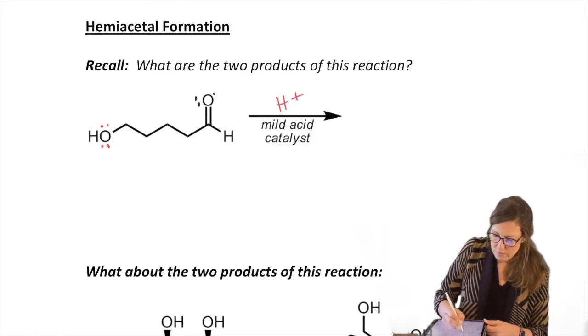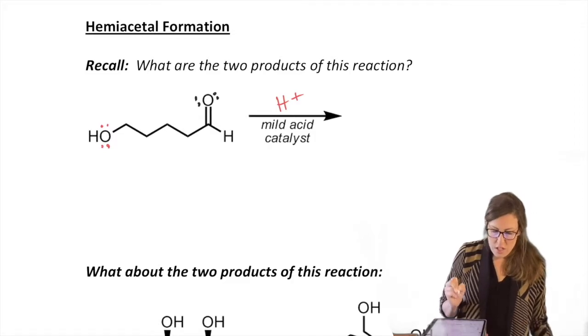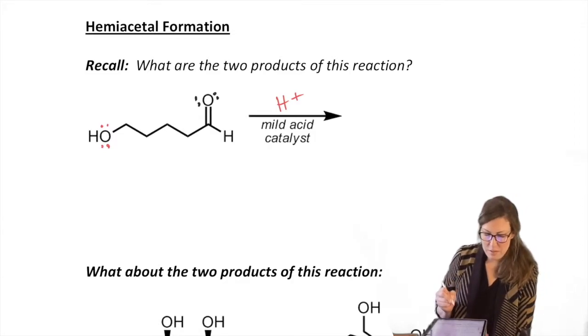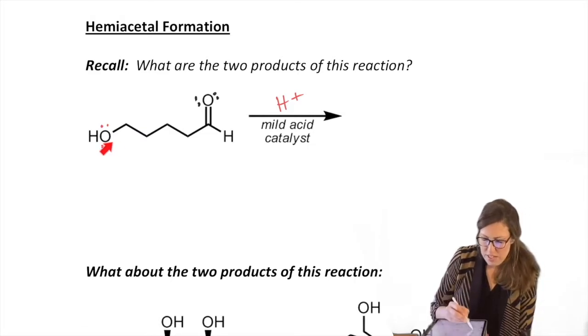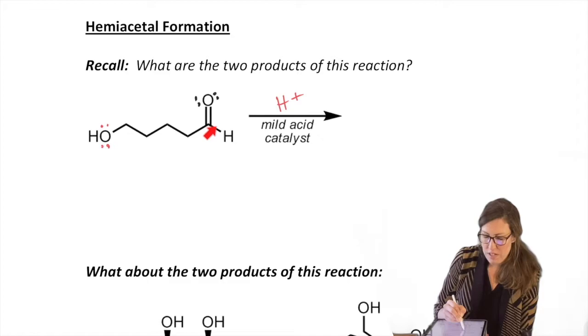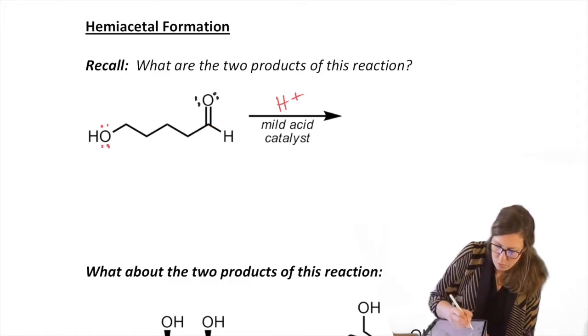So we know how to make this. We know the mechanism. So I'm not going to overly belabor that, but I will talk you through it because we've had a test on that. Attack open after it's been protonated. So protonate, activate, attack open. We have a ring. 1, 2, 3, 4, 5, 6.